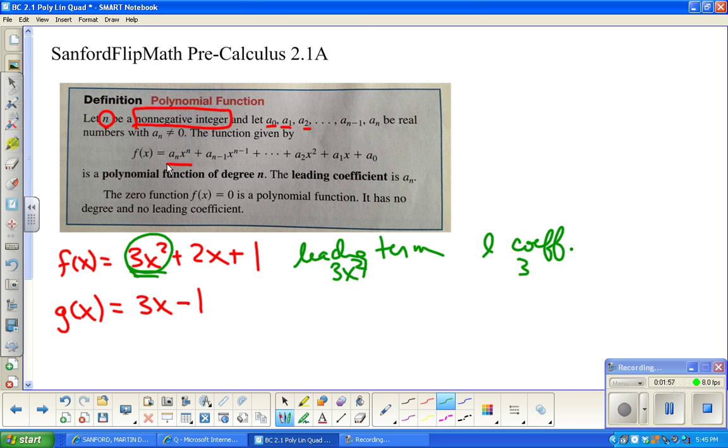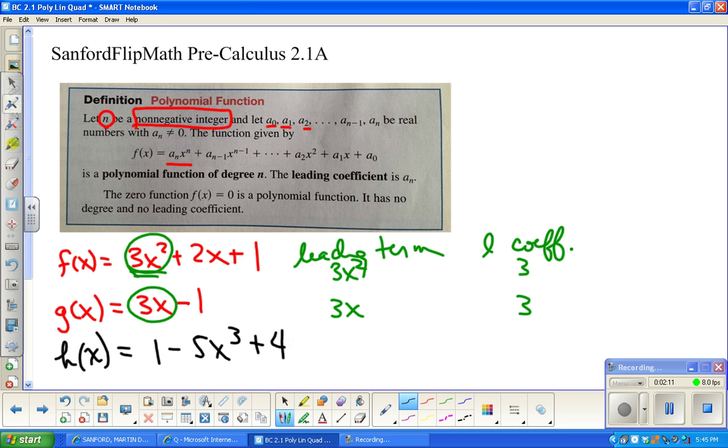So for this second one, same idea, the leading term would be 3x and the leading coefficient would be 3. Just as a little contrast, let's do h of x, and let's say it's 1 minus 5x to the third. So the leading term would be the negative 5x cubed, and the leading coefficient would be negative 5.